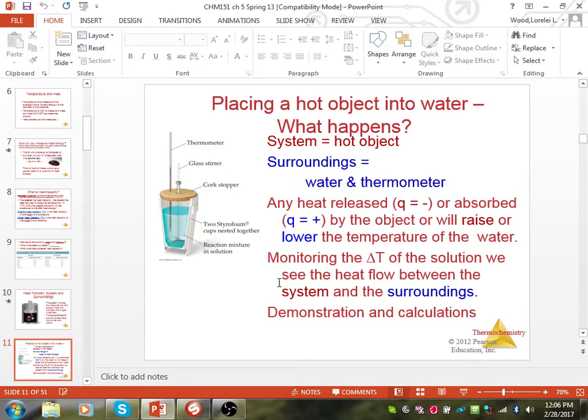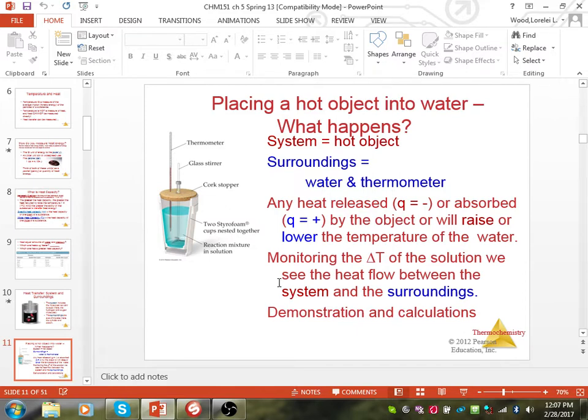So we can define the enthalpy change of each as well. The enthalpy change of the metal versus the enthalpy change of the water. And we know that Q equals mC delta T. When I get this Q, and I put it into my enthalpy value, which is kilojoules per mole, if this value is negative, what value is my delta H going to be?